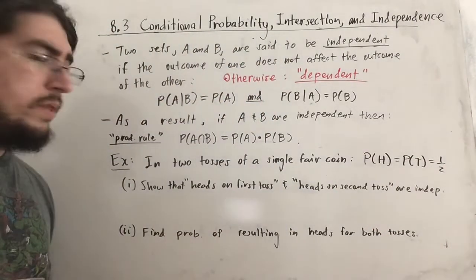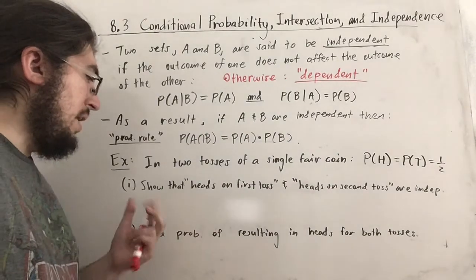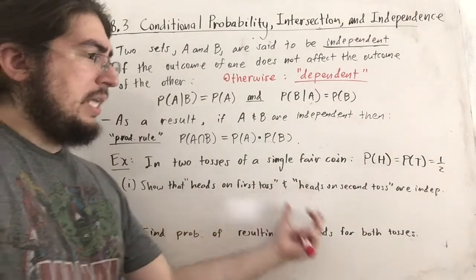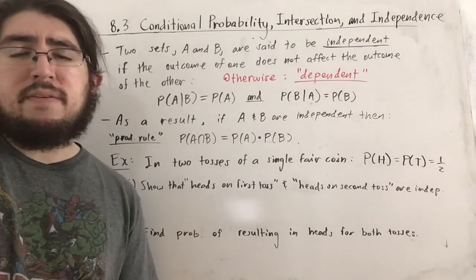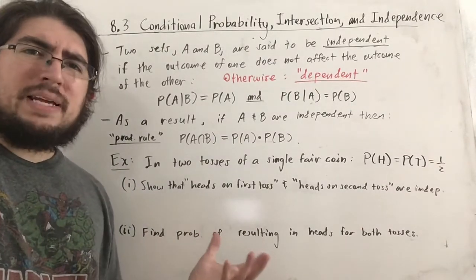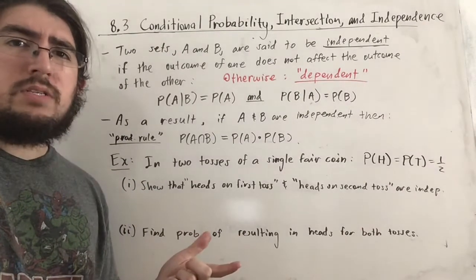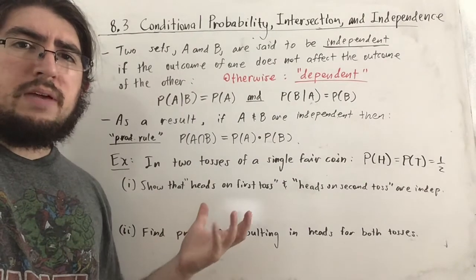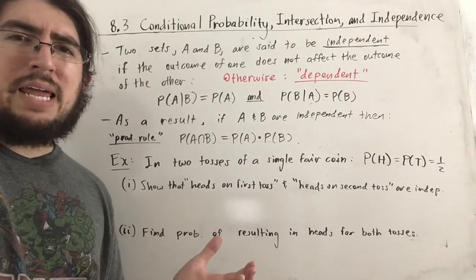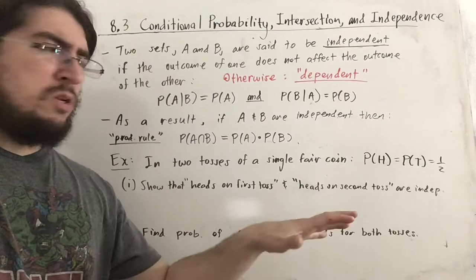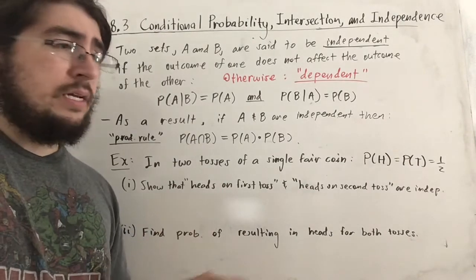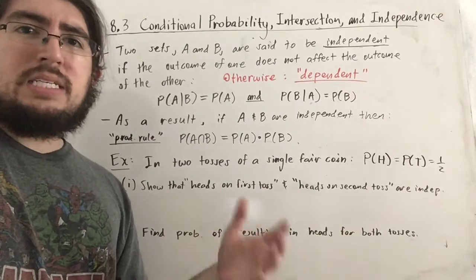That's kind of what we're going with. And for part 1, it says, show that heads on the first toss and heads on the second toss are independent events. Now this intuitively makes sense, because no matter how you do on your first toss, the probability of getting heads on the second toss will be the same. It's not like drawing cards, because when you draw cards, especially without replacement, well, the deck decreases and changes.